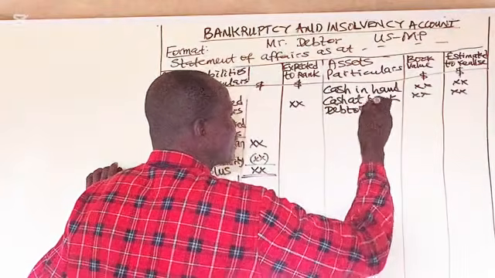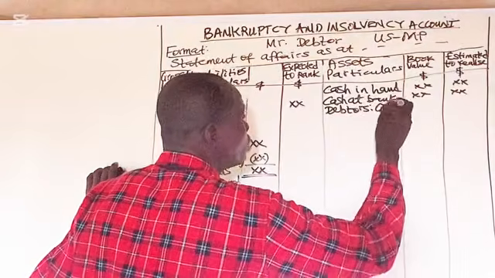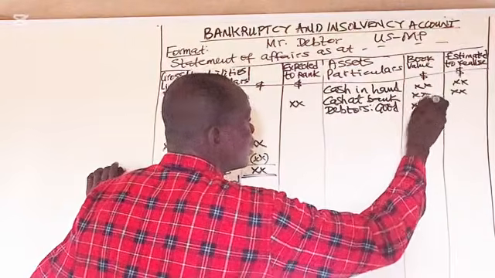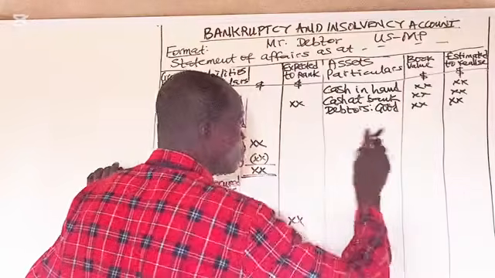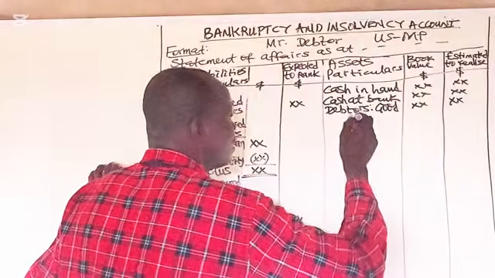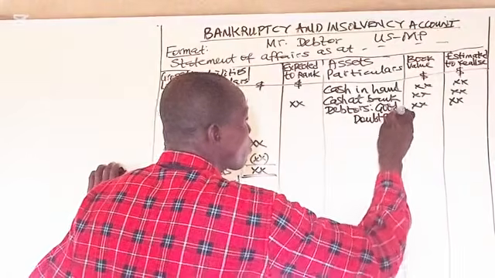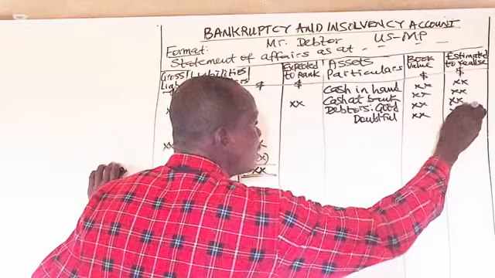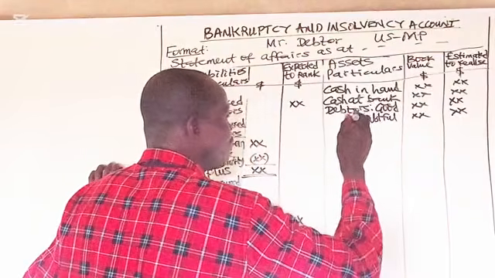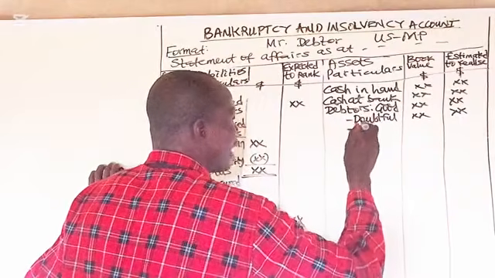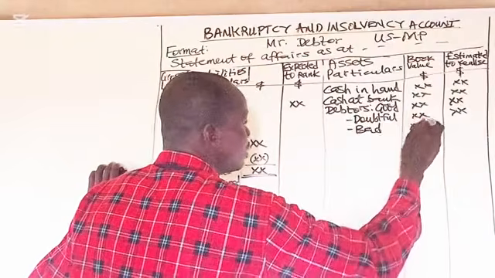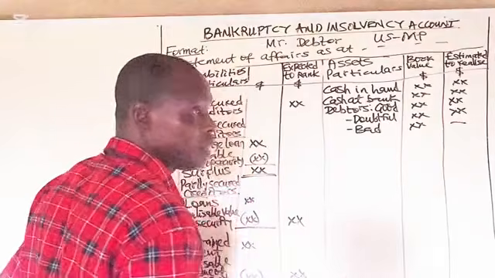The debtors may be categorized into good, the book value and the realizable value. The good one will be realized in full. Doubtful. Doubtful may not be realized in full. Then we have bad. Those that are bad, you can't get anything from them.